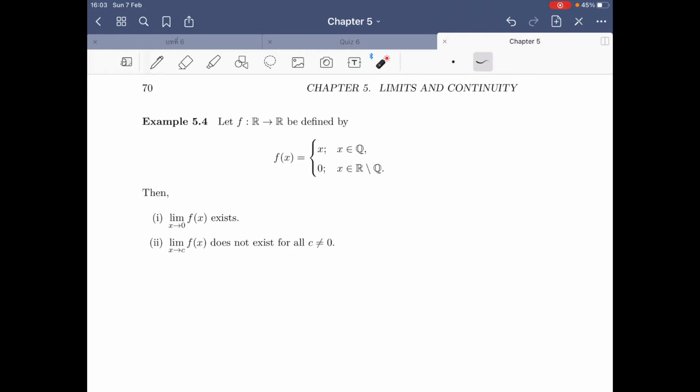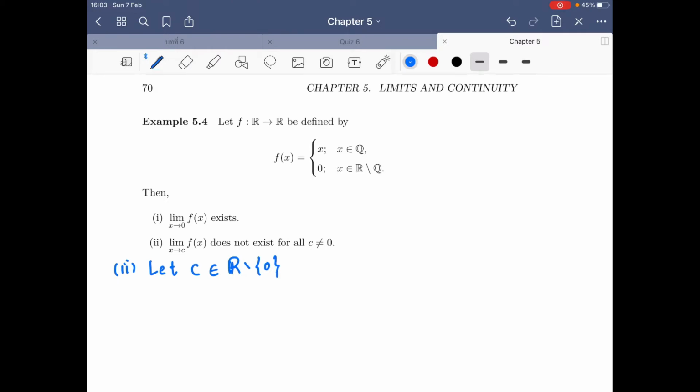However, as x goes to some other places rather than 0, the limit of this function does not exist. So you may say, let me start from the second assertion, because we already have seen the example from the previous one, right? So let us pick up each and every real number c rather than 0.